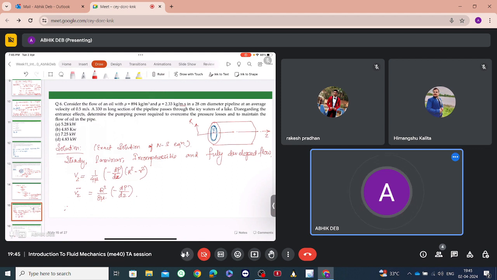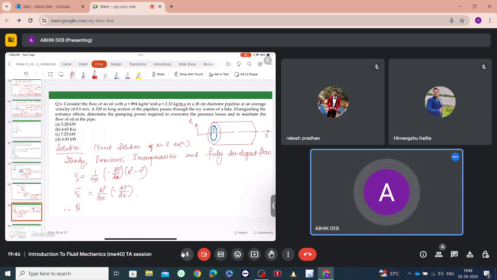Therefore this is the value of Vz average, and what is the value of the discharge?